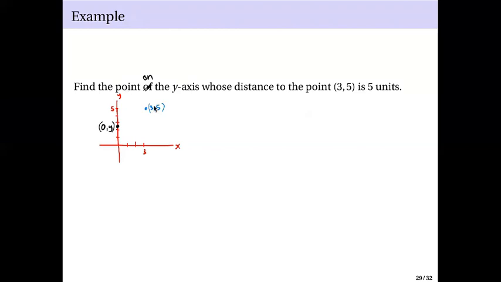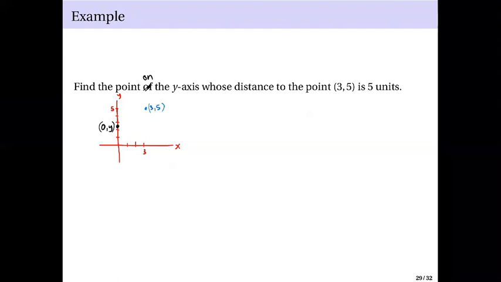So we want to find the distance between (3, 5) and this point here. Actually, we will show that there are 2 points possible. One point is somewhere here. The other point is somewhere here. But what we're sure of is that the distance from (3, 5) to the point (0, y) should be equal to 5 units.